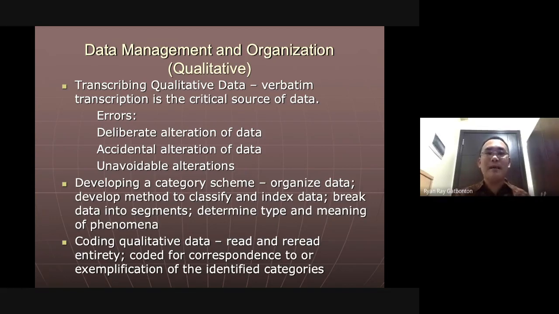Okay? Another is yung tinatawag na unavoidable alteration. These are alterations that you cannot avoid to remove from your transcription. Ano-ano ang mga ito? Kapag umiyak yung respondent mo. Kahit na ilagay mo sa loob ng iyong transcript na siya ay crying, na siya ay umiyak, okay?